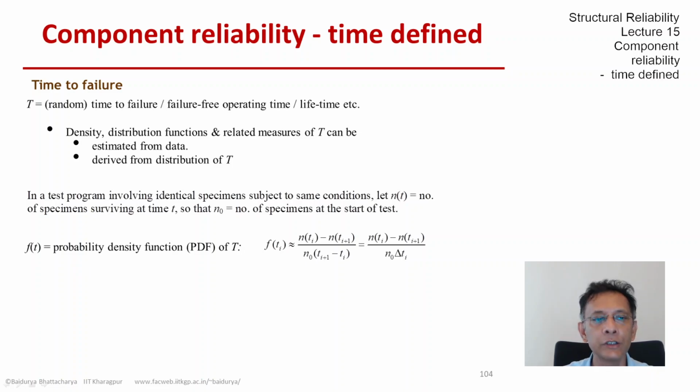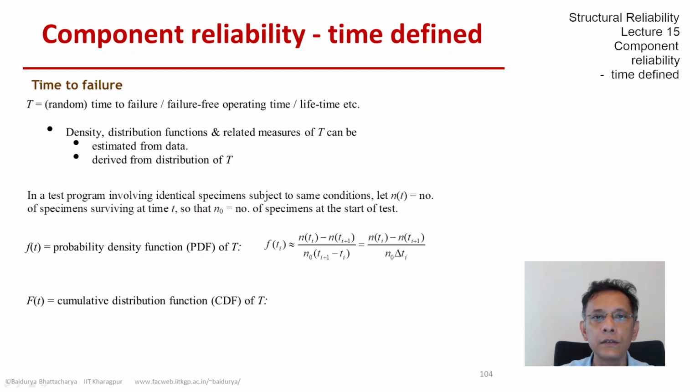its definition. So we observe the number of items surviving at time Ti and at Ti+1, so the two adjacent instances, and then use the difference between the two observation times and derive the density function as the ratio that you see on the screen.